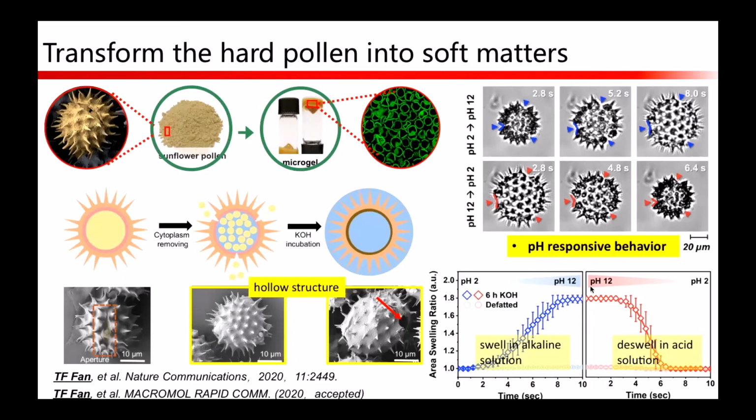Interestingly, the obtained pollen microgel showed very special pH-responsive behavior. The pollen microgel will swell in alkali solution. Then it will deswell in acidic condition.